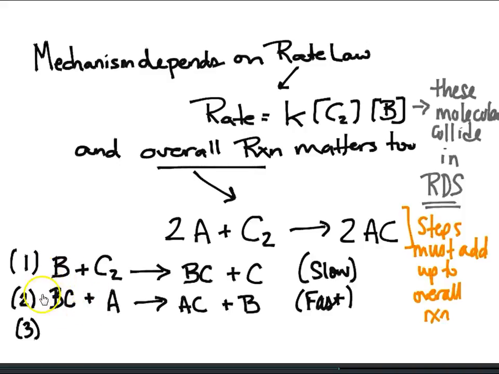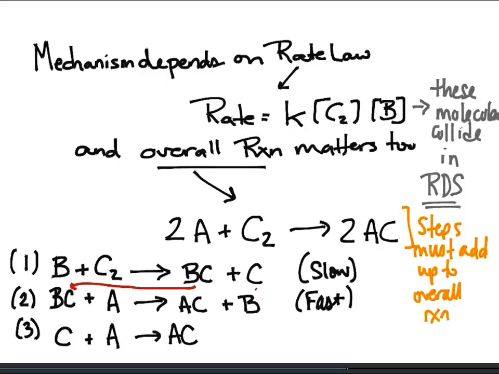But if we take our first intermediate BC and we combine that with an atom of A, and the reason I have to add A in is because I've got 2 A's up here. I have to add those in at some point because they're in the overall reaction. And in this step, it looks like BC, this molecule, is donating its C over to the A. So a new bond is forming between A and C, and then that releases the atom B. So we'll make that a fast step.